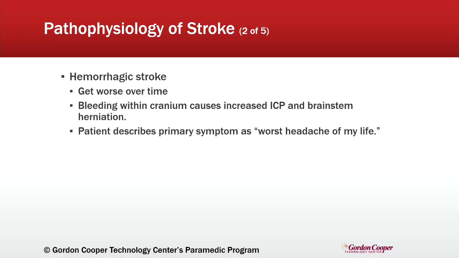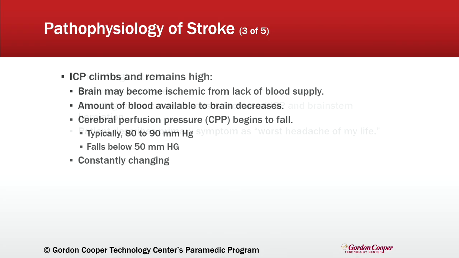They might have some pupil changes as well, depending on how large the bleed is. And over time, these will get significantly worse. They can be treated. The prognosis isn't as good as with ischemic strokes, but they can be treated, and sometimes they do lead to full recoveries. Remember, the skull contains three substances: the brain, blood, and cerebral spinal fluid.